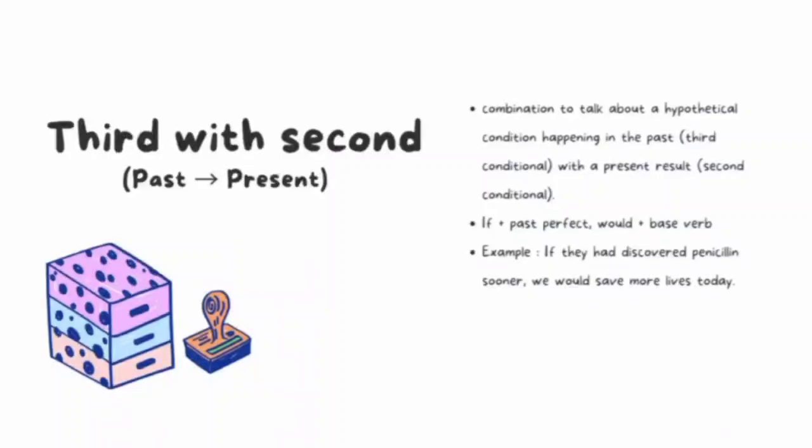The structure would be if past perfect, would base verb. For example, if they had discovered penicillin sooner, we would save more lives today.